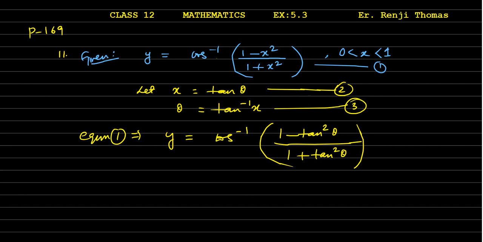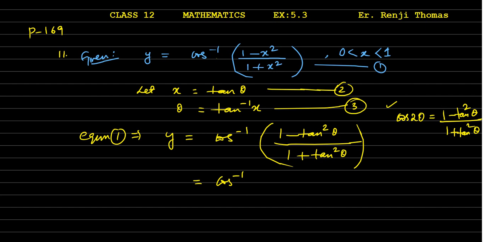My dear students, whatever term is there in the bracket has a formula. So the cos 2 theta formula you can note down in the right side of your notebook. Cos 2 theta formula is 1 minus tan square theta by 1 plus tan square theta. You should know all these formulas.